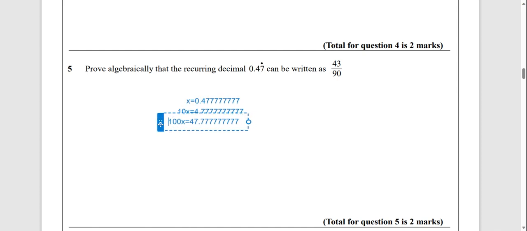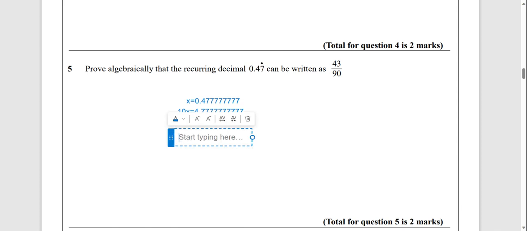And if I line this up, it looks to me like I'm going to be using the 100x and the 10x. You can see the decimal point lines up, and it also completely clears this recurring. Now, I've got a big enough number here to be able to take that on, haven't I? Because it's going to clear that, and I don't have to worry about the 4 because 47 can quite easily subtract 4 from it and remain an integer.